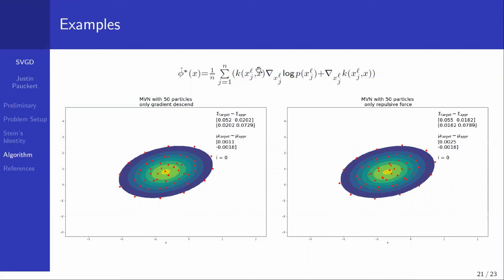This is the kernel function, and as you remember, this can for now just be viewed as a similarity measurement. So this is going to be large whenever x_j after l iterations is similar to x. And now this right here is the gradient of the logarithmic density that we're trying to get at.